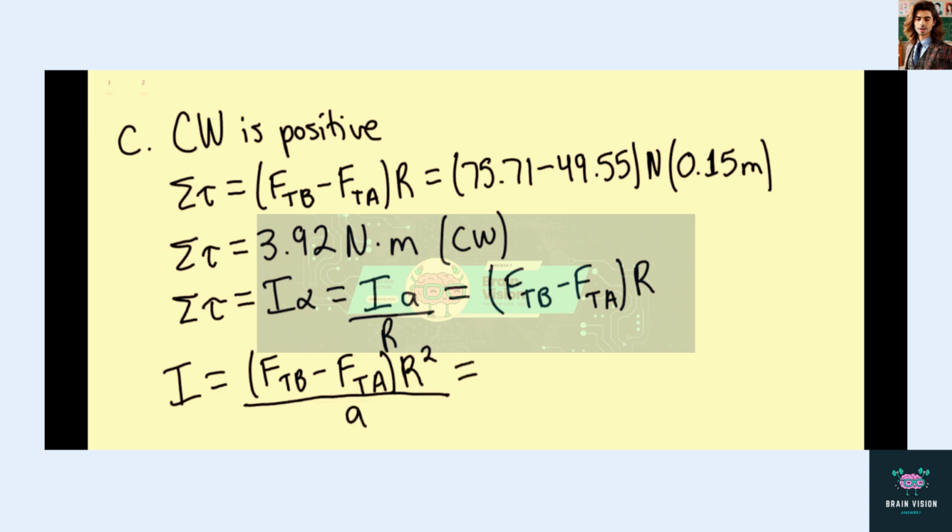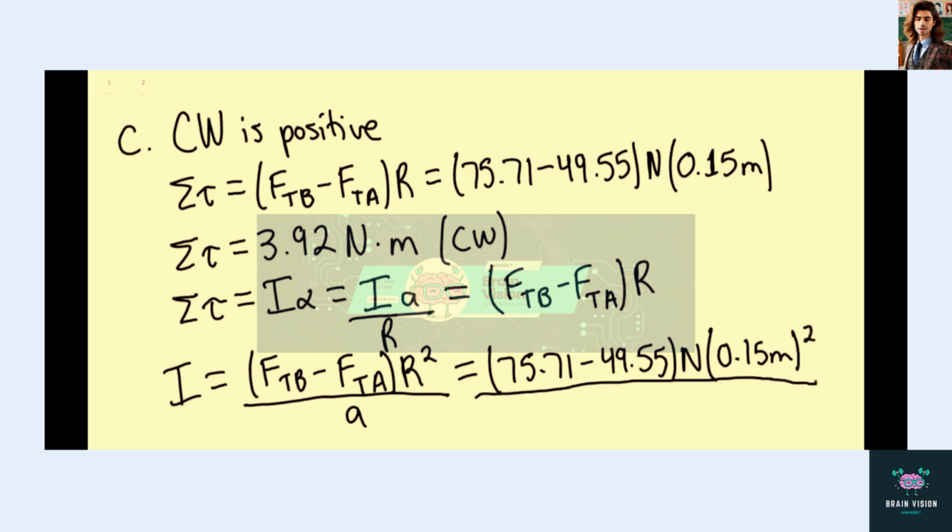Let's solve: 75.71 minus 49.55, units here would be newtons, multiplied by 0.15 meters, quantity squared, divided by the tangential acceleration of 1.00 meters per second squared. And we find that the moment of inertia, I, would then be equal to 0.59 kilogram meters squared.